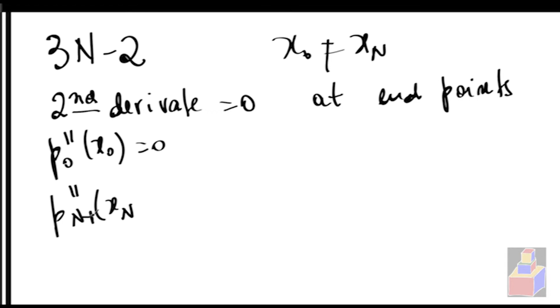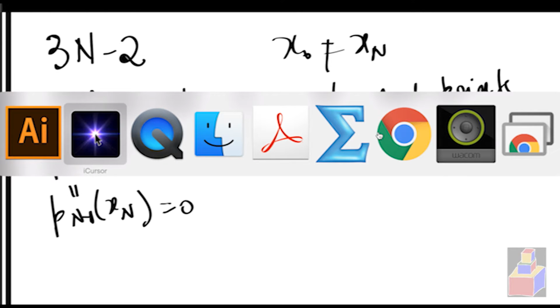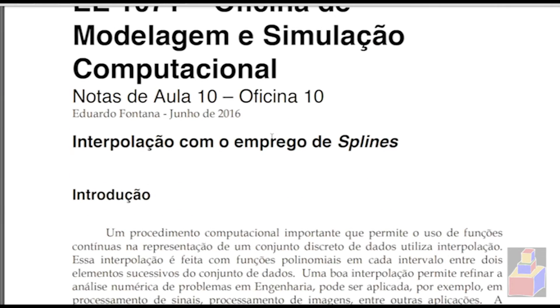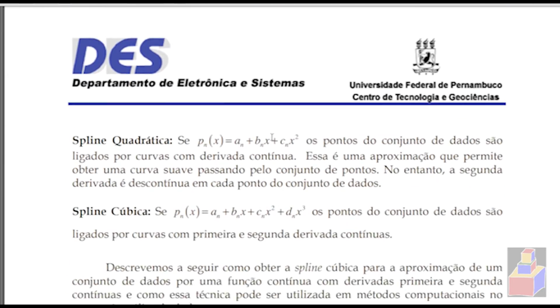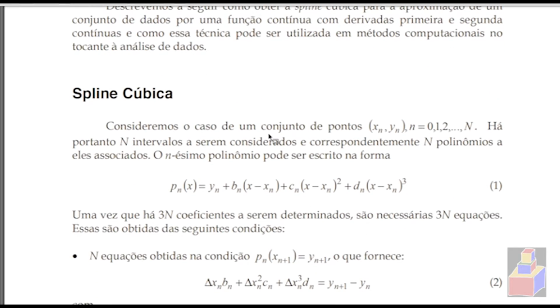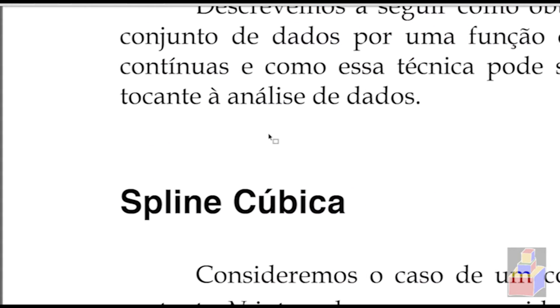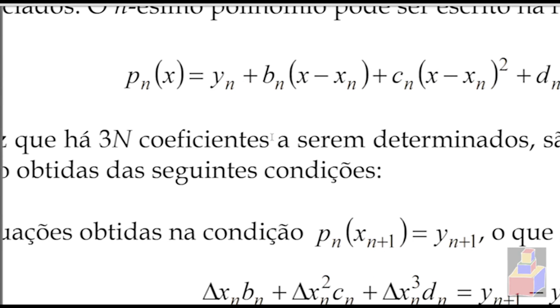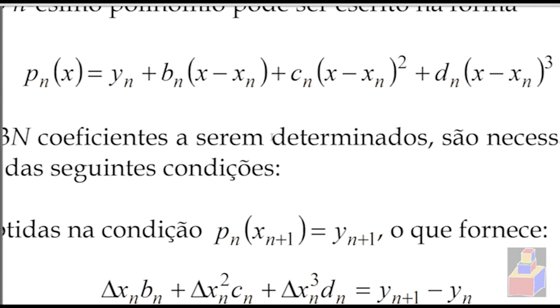Pn minus 1 at xn equals 0. So recall that this is going to give C0 equals 0. If you look at the class notes here, I just put the polynomial here. That's how the polynomial looks.